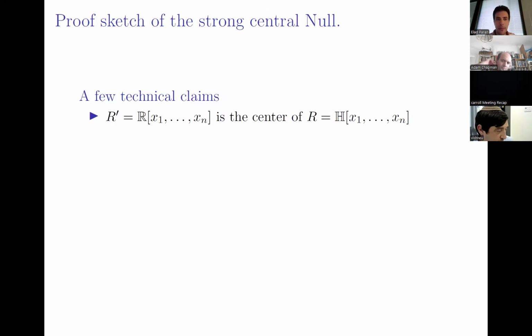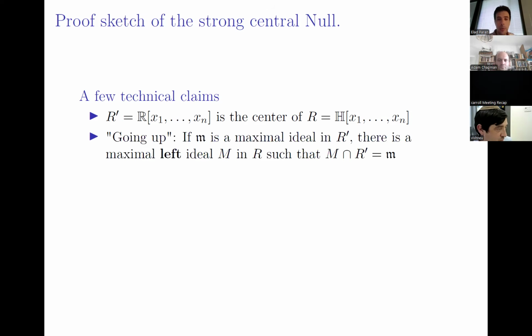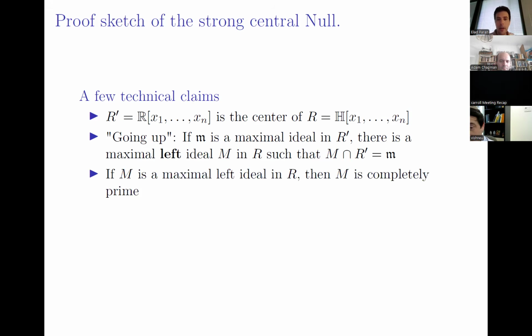To prove this, we need a few claims. First, let us denote by R prime the center of this ring, which is just the ring of polynomials in n variables over the real numbers. Then we have the going up theorem, which states that if you have a maximal ideal in R prime, it's commutative, then there is a maximal left ideal M lying above it in the ring R. The second property is that any maximal left ideal is in particular a completely prime left ideal.